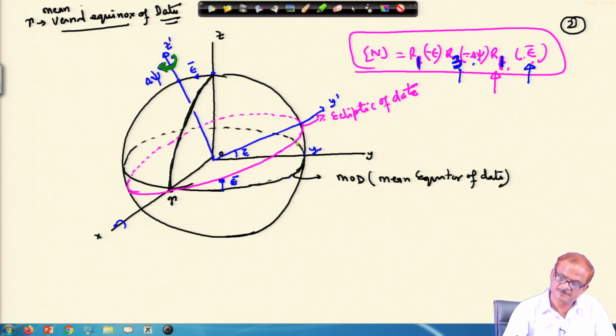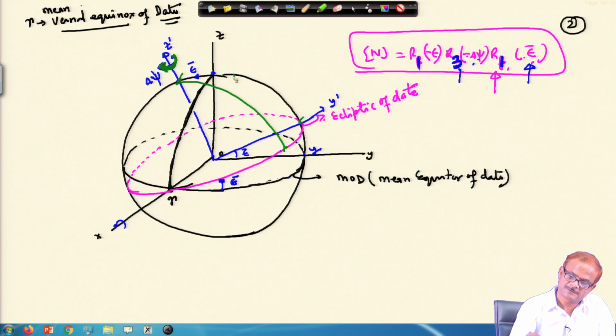So, as a result of this, the plane from this point to this point will move and come here on this axis. So, this angle then is your delta psi with minus sign. So, here also we can indicate this is minus delta psi, because this is in the negative direction. And as a result of this, this gamma point also will move along this by delta psi.